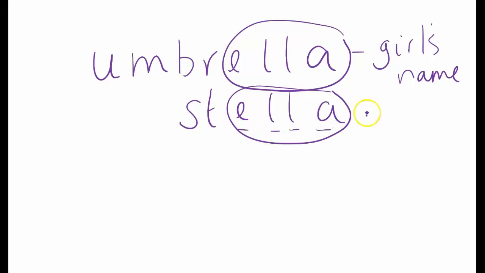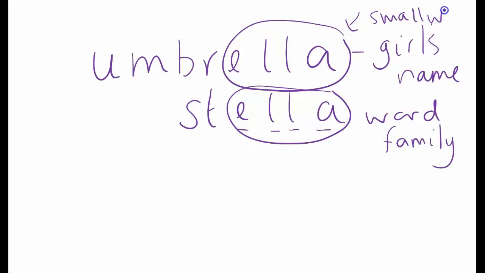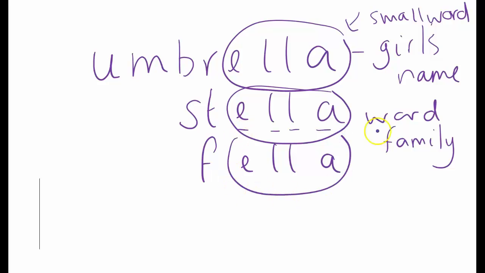So we could say actually this is also a word family, as well as a small word. And the word fella, another word for a man, has the same small word and actual word family. So that might help us with our spelling of the word.